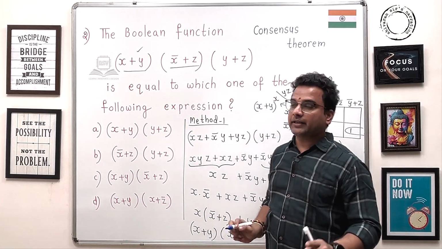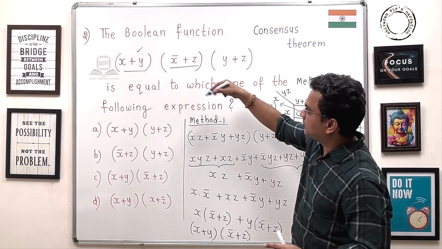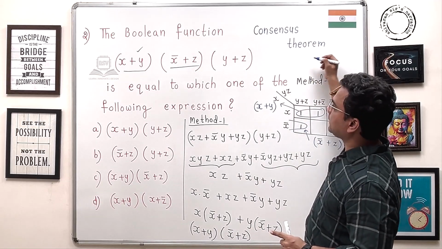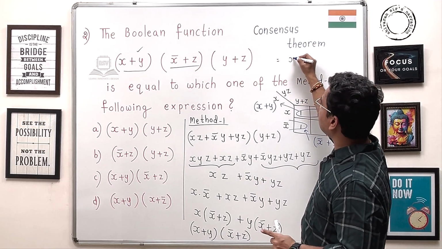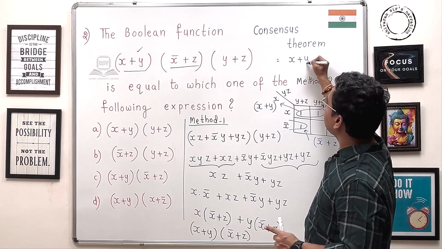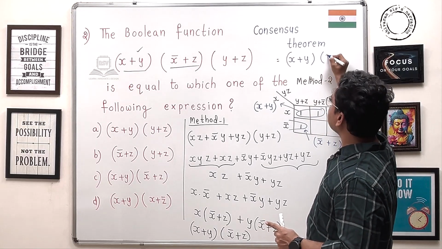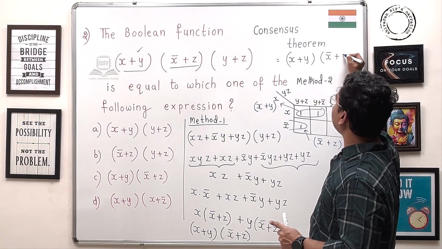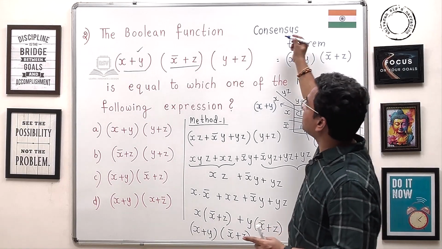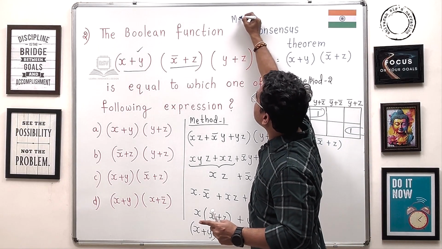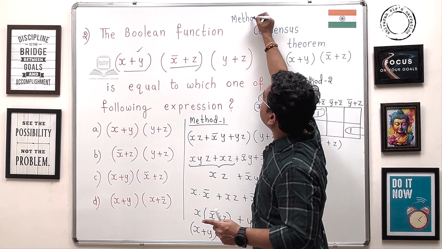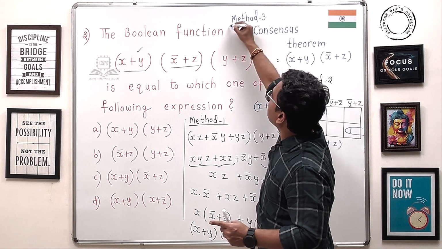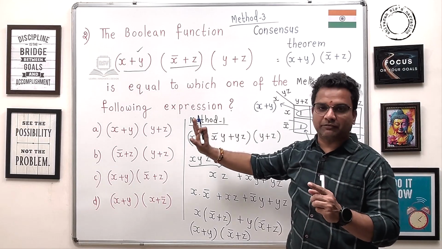So as per the consensus theorem, the answer is x plus y into x bar plus z. Yes, you can tell in this way also. This is method 3. Okay guys, you can cross check as per the given equation.